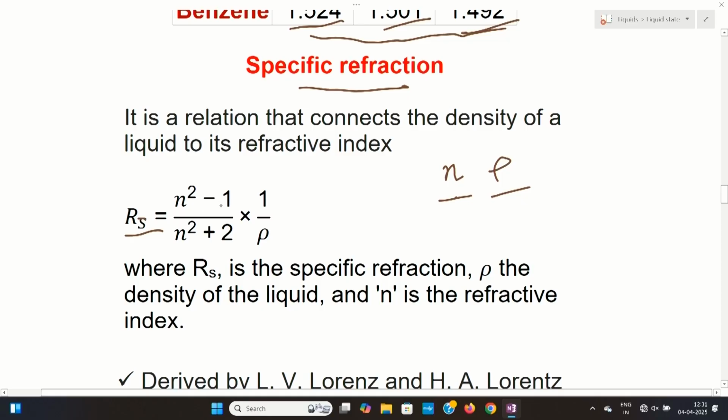The equation to find the specific refraction is Rs equal to n square minus 1 divided by n square plus 2, into 1 by rho, where n is the refractive index and rho is the density of the liquid.